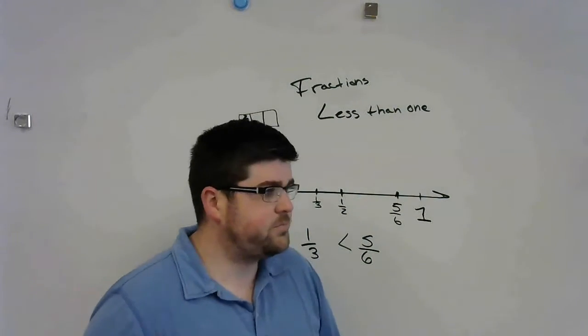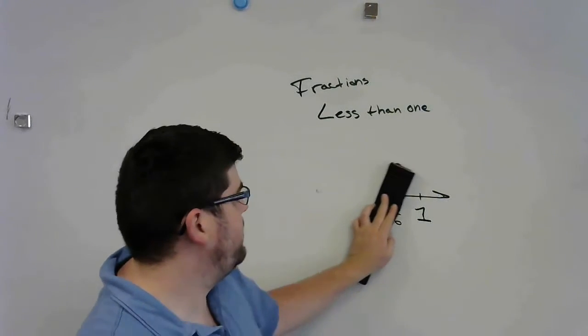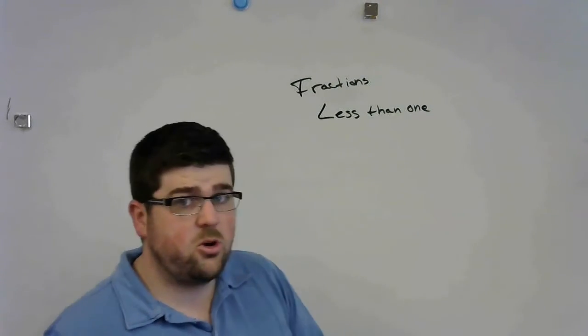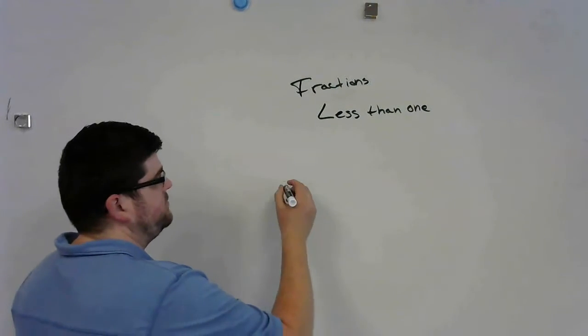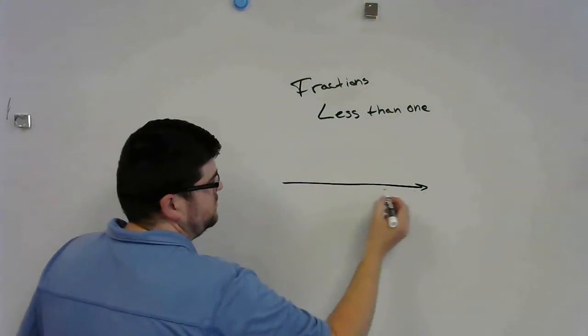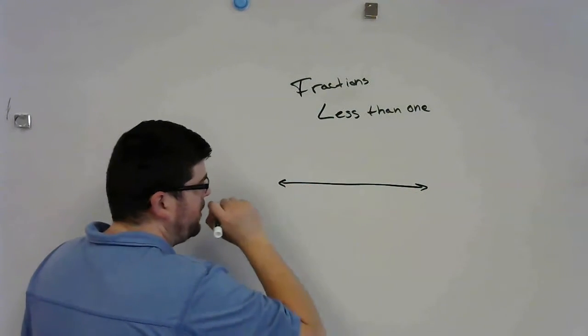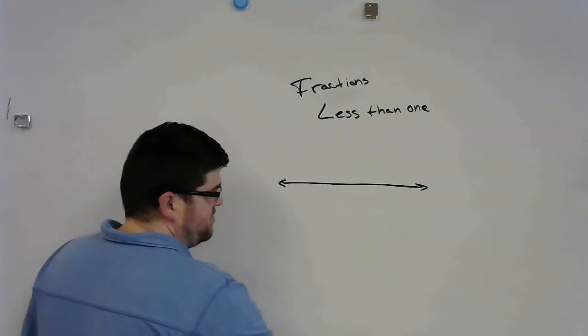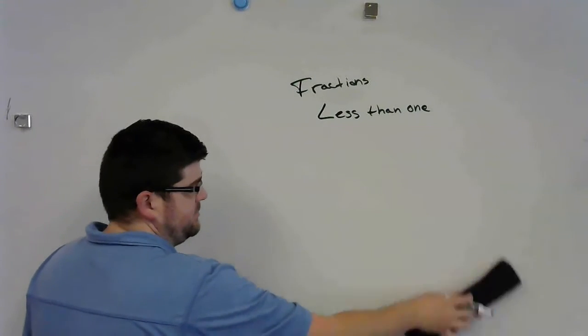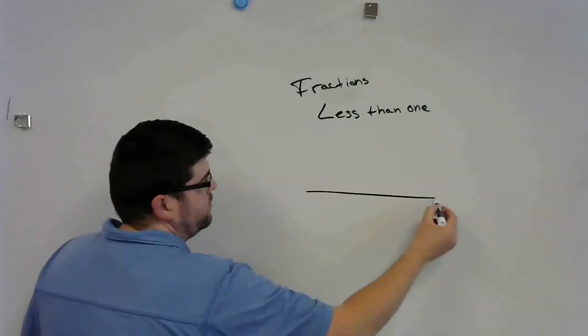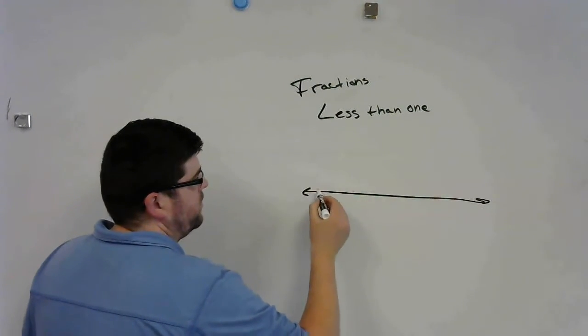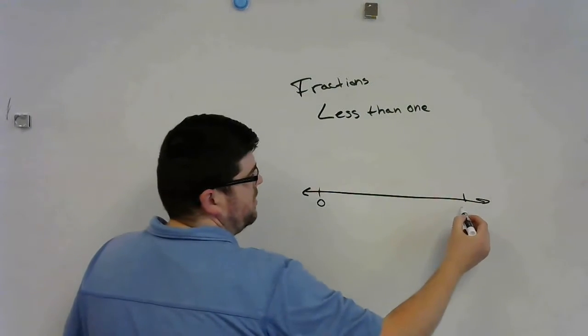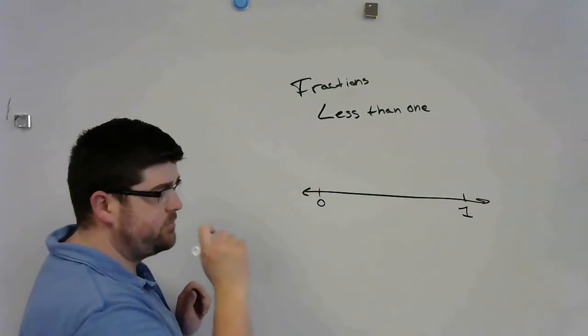Let's try another one. One last one. So I'll draw my number line one more time, and let's do a bigger number line. I have my 0, and I have my 1.